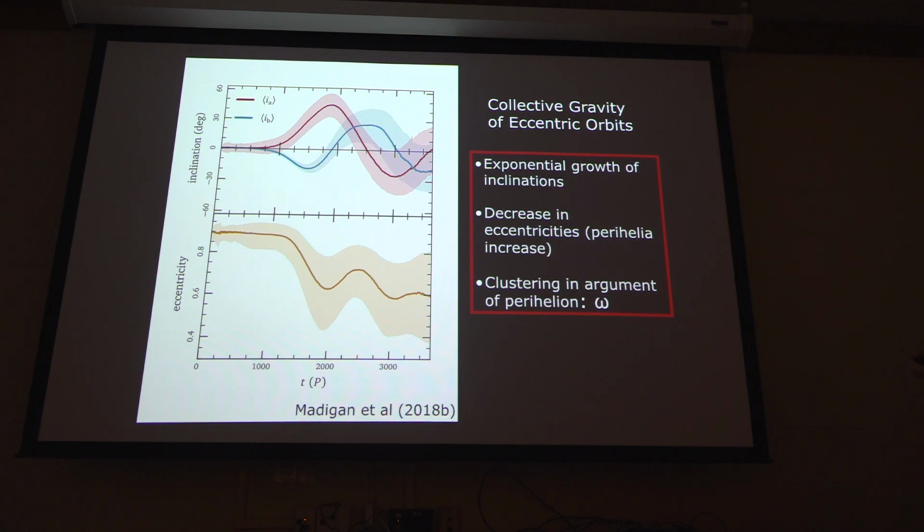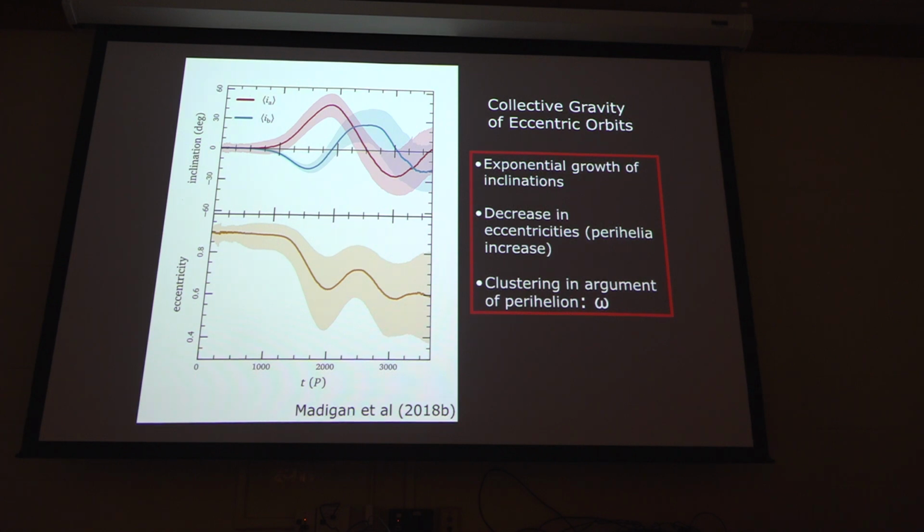Okay, so these dynamics were caused by just the collective gravity of all these small particles around a more massive body. It causes exponential growth in inclinations. They all decrease in their eccentricities. This increases the perihelion distance of the bodies. So perihelion distance is the closest approach to the massive body. It's given by semi-major axis times 1 minus eccentricity.